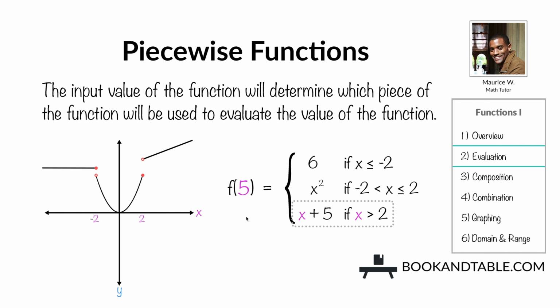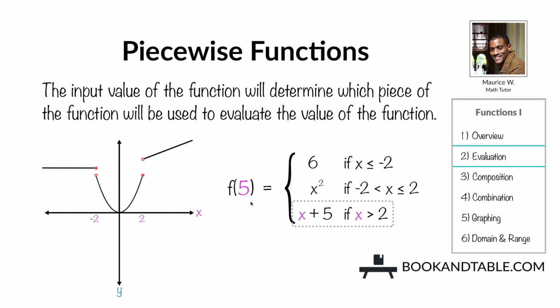So remember, when you're dealing with a piecewise function, the number representing the independent variable is the number you're looking for in the intervals of the x's. This is the x value, so you're trying to find the interval that includes that x value. And then the expression associated with that interval is the expression you use to evaluate the function.